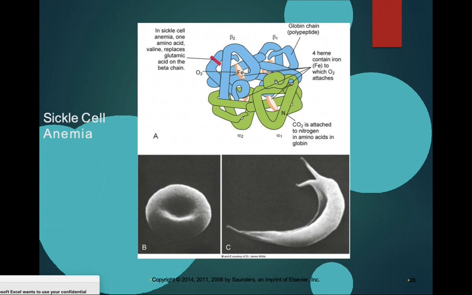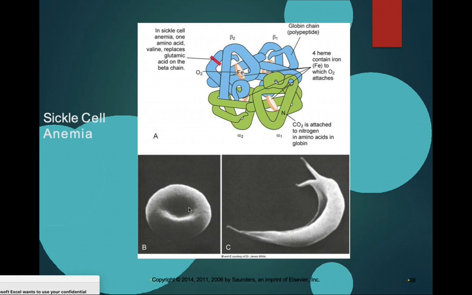So if you look up on top, in sickle cell anemia, one amino acid, valine, replaces glutamic acid on the beta chain. That's important. It's classical. If you look at B, that is your normal red blood cell, right? It's a biconcave disc.